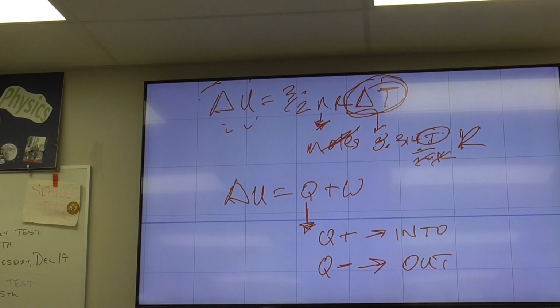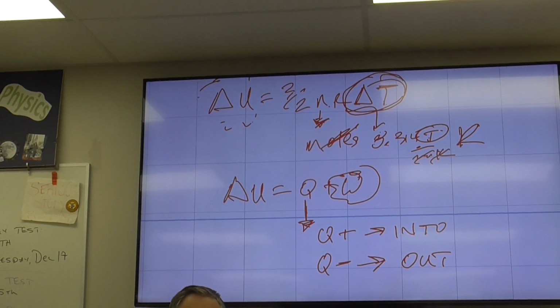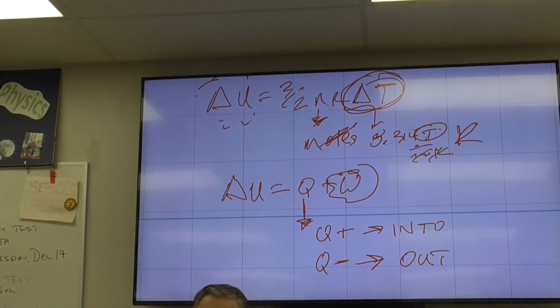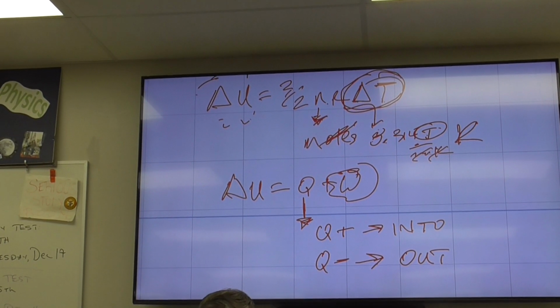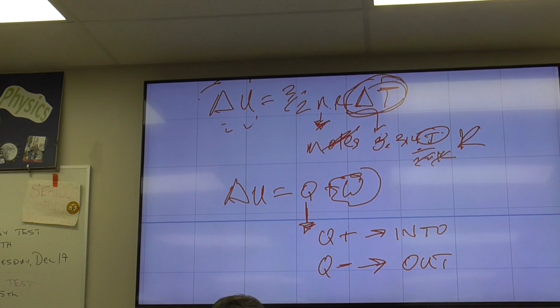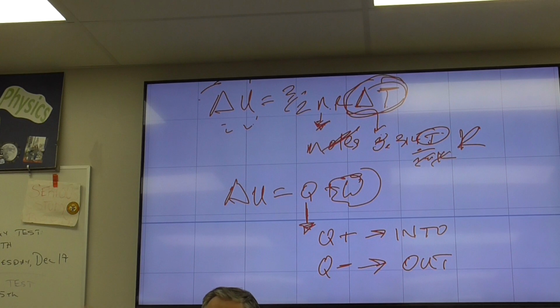Now, the other side of this is the value of W, which is going to stand for work. This is where you have to go old school. If you remember the very first definition of work, what were the two criteria that had to be met for work to be done? Force over distance. There had to be a force, and it had to act over a distance.